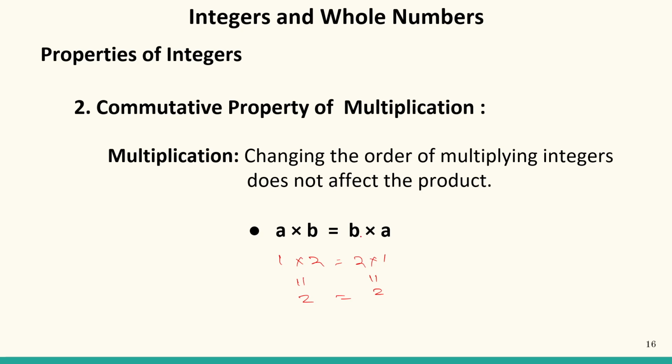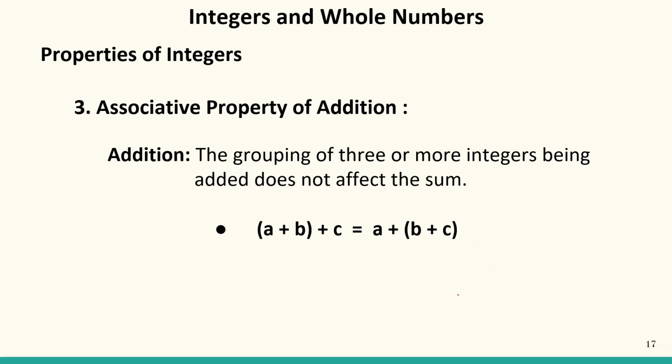These are the same. I have taken an example here, but it holds for all integers. Like 33 into 34 is equal to 34 into 33, as both of these are integers.